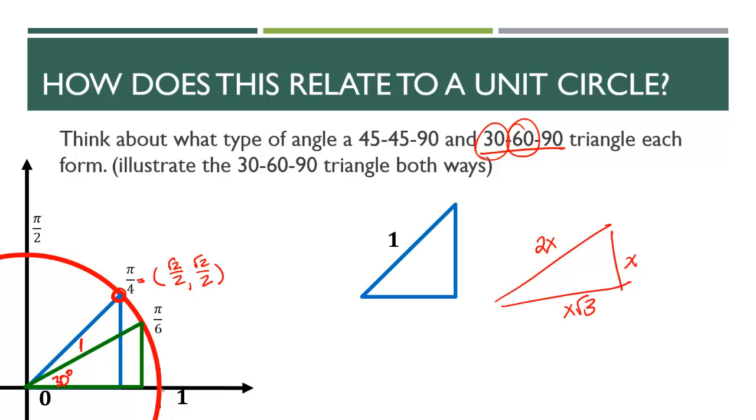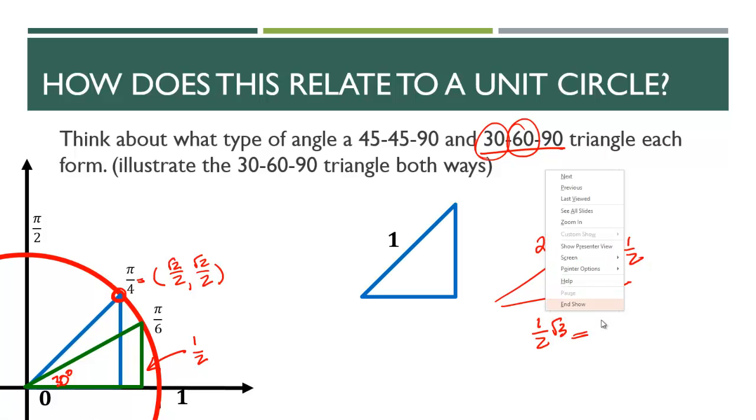Just remember, this is a unit circle, so our radius is always going to be 1, which means our hypotenuse is always going to be 1. So in order for that to be 1, x has to equal 1/2. Okay, that would have to be 1/2. And if x is 1/2, 1/2 times root 3 is root 3 over 2.